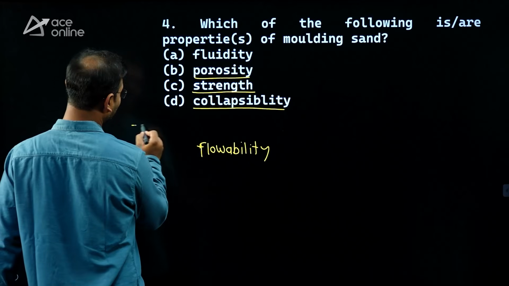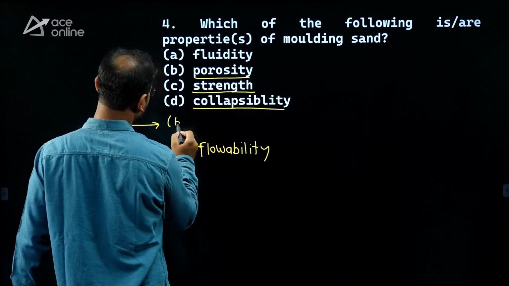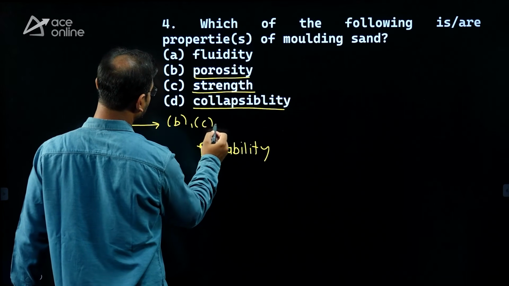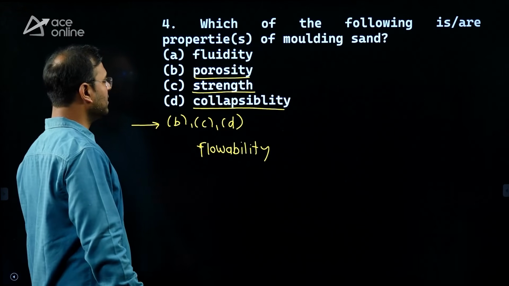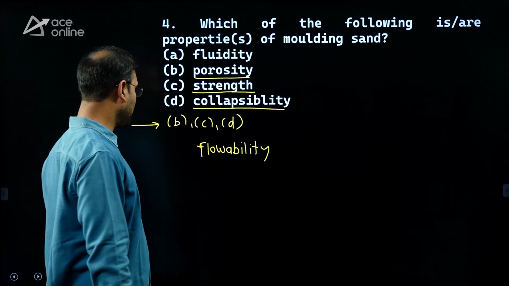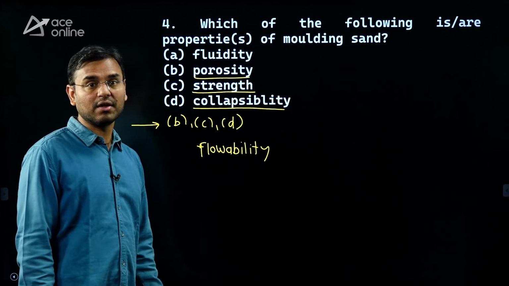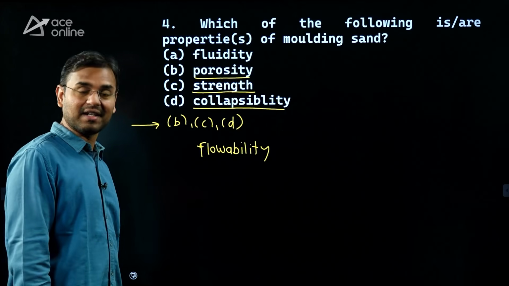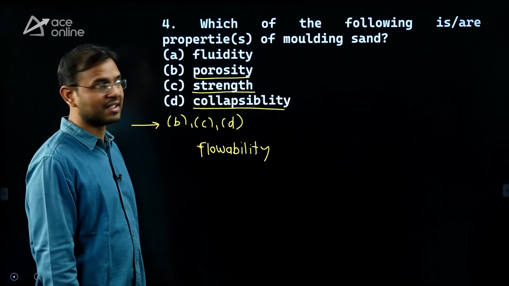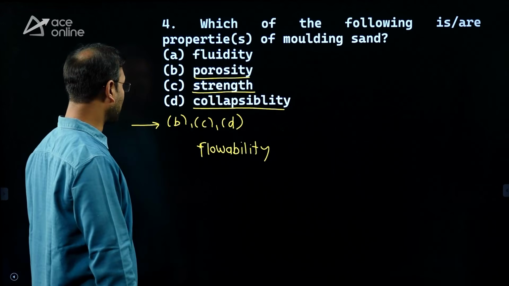But here, how many options are correct? B is correct, C is correct, and D is also correct: the porosity, strength, collapsibility. If you know any other property, you can tell me. Refractoriness is also one of the properties of molding sand.